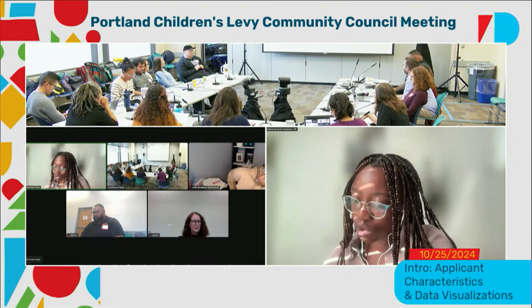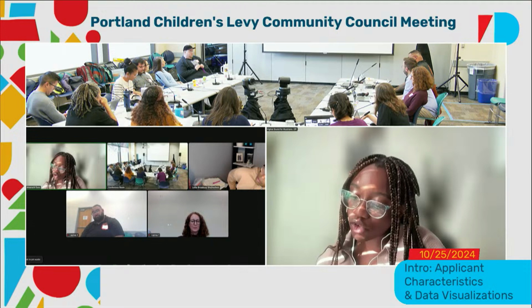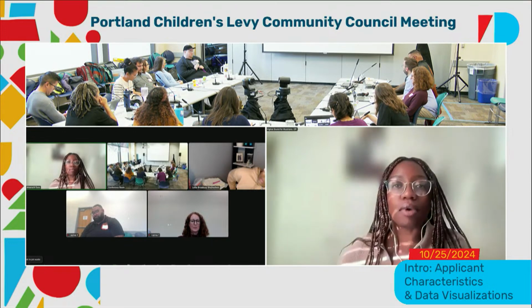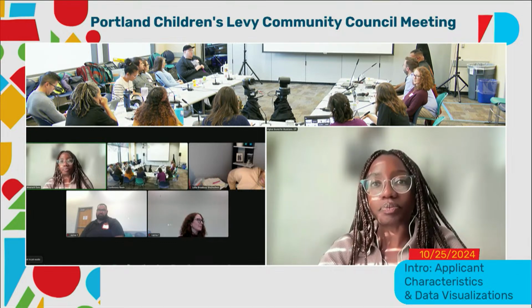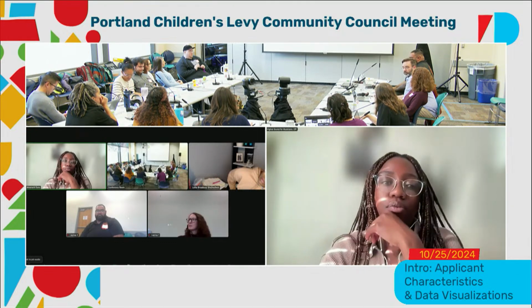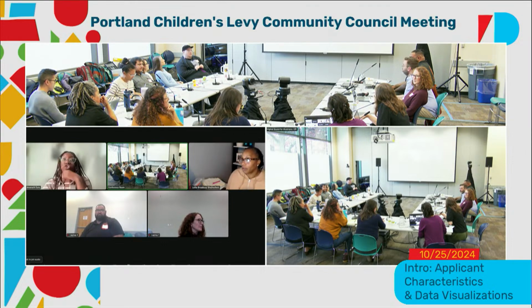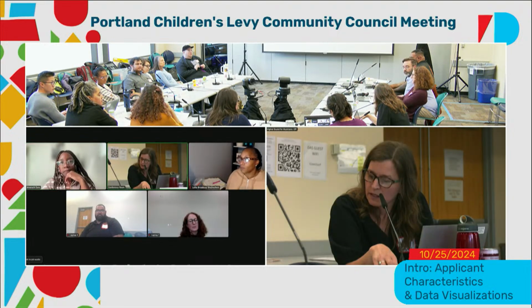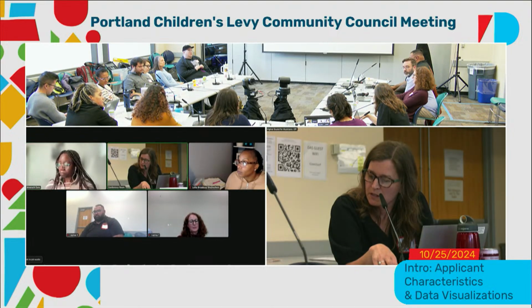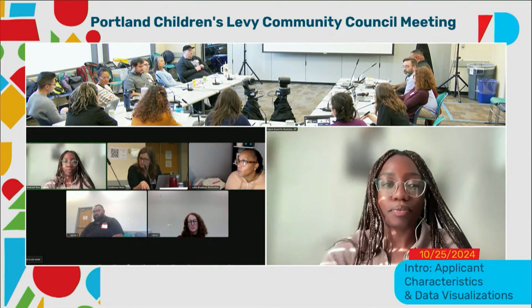I also had a question, just needing a reminder: what is the minimum and maximum amount an application can request? The minimum in 2019 that they could request was 100,000, and the maximum was 675,000. Okay, thank you.